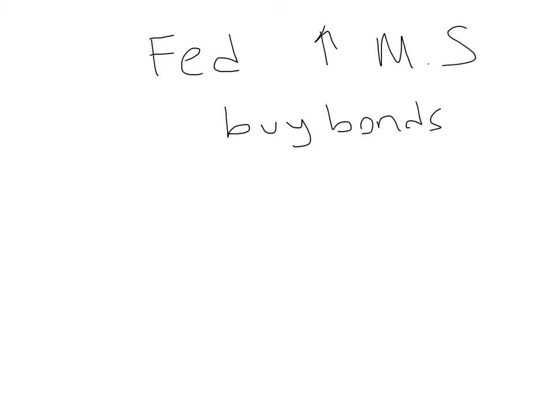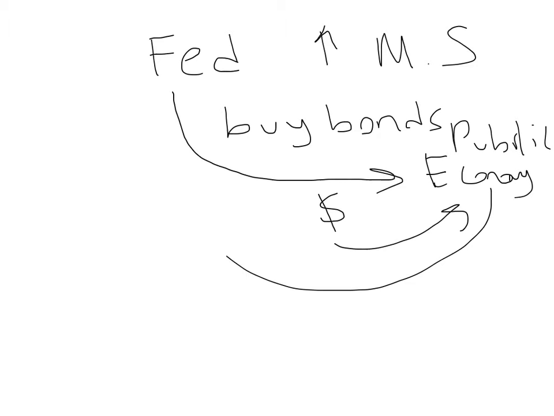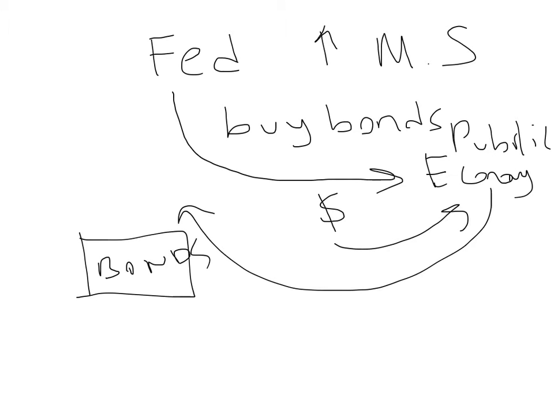So when the Fed buys bonds, it gives dollars to the public by printing dollars into the economy. And then in return, the Fed gets back bonds, which are papers. So the Fed injects dollars into the economy.